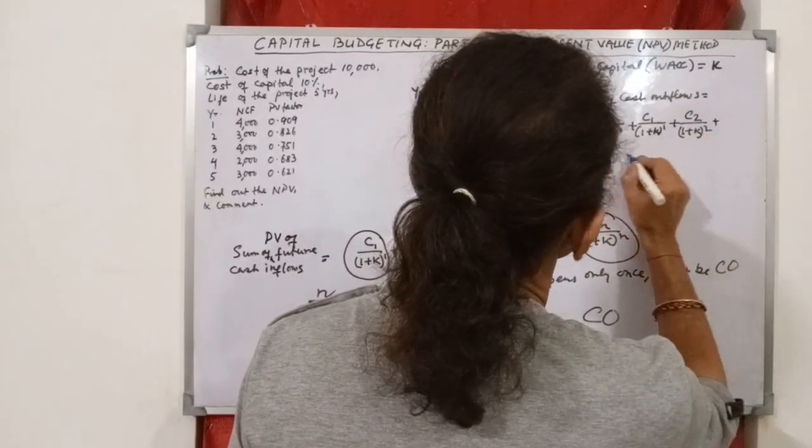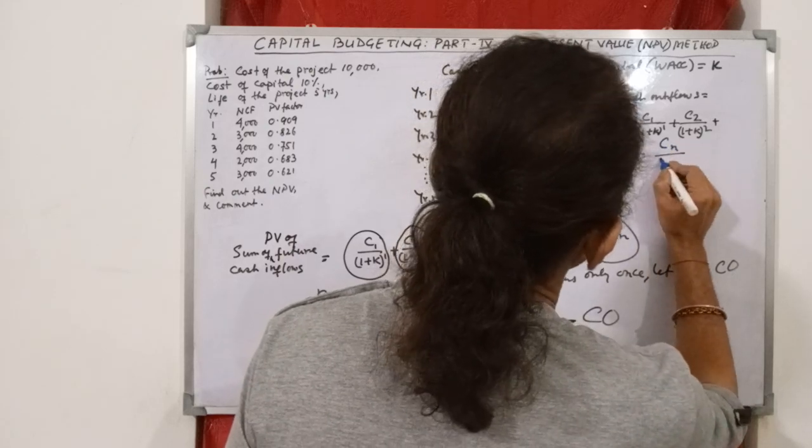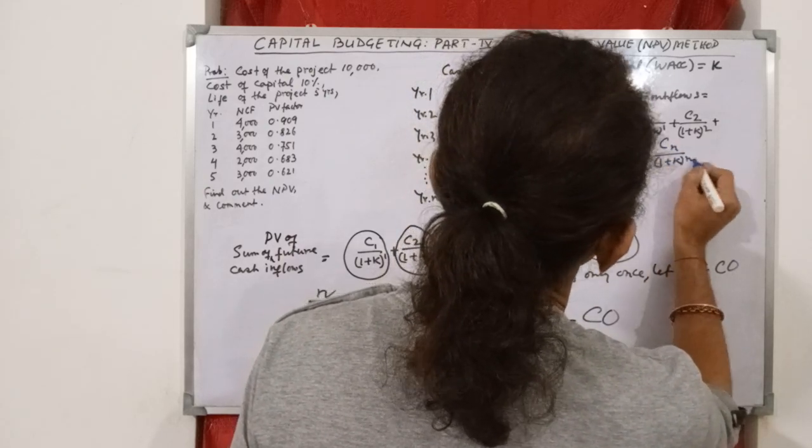In this way, Cn divided by 1 plus k to the power n.